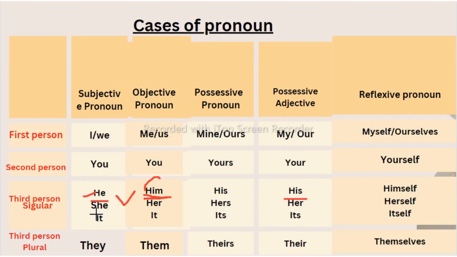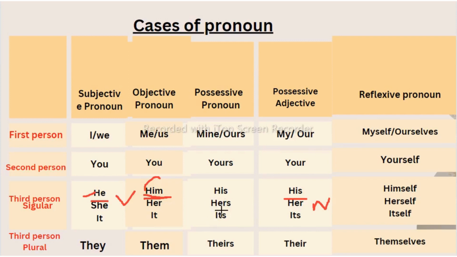Now for she we use the term her. In the objective case she becomes her, and in the possessive pronoun this her becomes hers, and again here we use the term her. Like it is her college. So after this her we need to mention a noun here. But here no need to mention any noun because it takes the place of a noun.